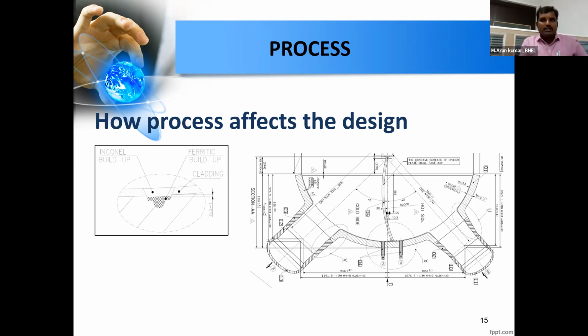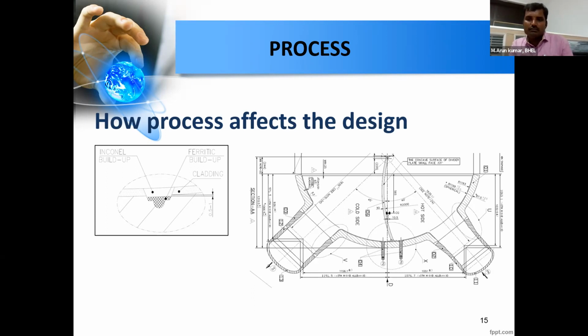Then we have deposited this ferritic buildup 0.5 to 1 mm beneath the already available cladded deposit, so that we are avoiding the ferritic and austenitic material touching each other. But in this case we are losing 1 mm thickness in the pressure boundary. However, we are managing this, sir.